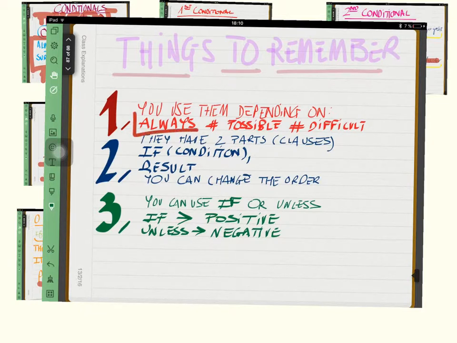Always, possible, or difficult. The second thing is that they have two parts, if, which is a condition, and then the result. And remember that you can change the order. That's when the comma thing is important, okay? That thing there, the comma.